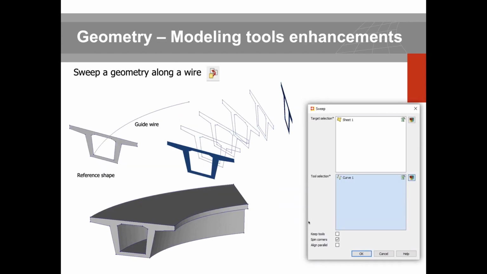You can sweep your geometry. Here in this example, we have a reference shape that we sweep along a wire, which is a Bezier curve, and it can be curved. And you can, in a few clicks, generate the solid of such a bridge deck, for instance.